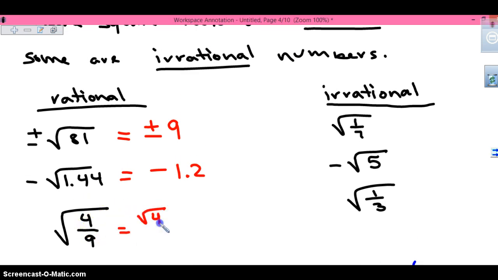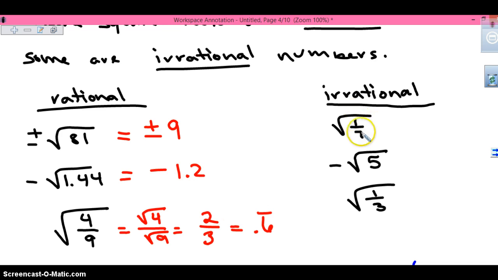Would be equal to the square root of 4 over the square root of 9, which means 2 over 9. I'm sorry, 2 over 3, you're correct. Thank you for catching that. As a decimal, this would be repeating 6. So these are all rational numbers because rational numbers are either whole numbers or decimals that terminate or repeat.